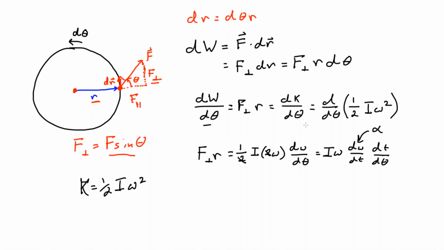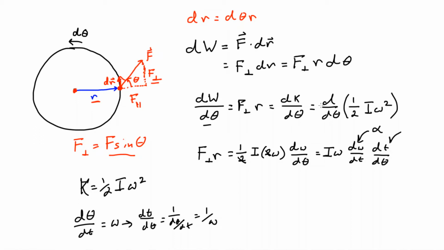dt d theta, well, that's kind of weird. What's the derivative of time with respect to theta? But remember, d theta dt equals omega. So that means dt d theta equals 1 over d theta dt, which equals 1 over omega.